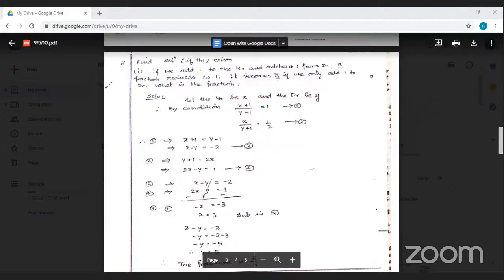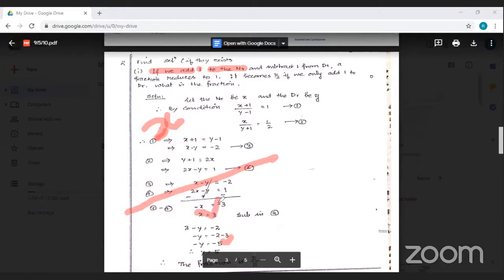Read the question properly, very, very carefully. If we add 1 to the numerator, there is one numerator and denominator. This is the numerator, this is the denominator. Now I want to keep the numerator as x and the denominator as y.